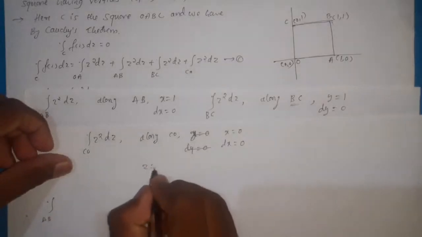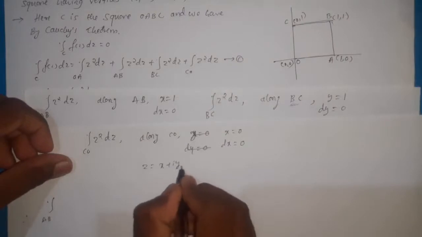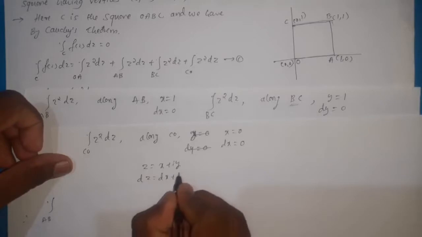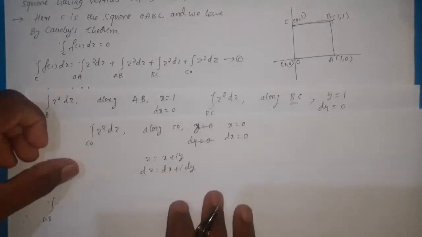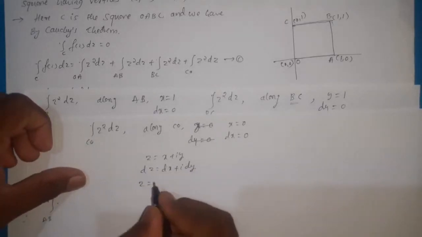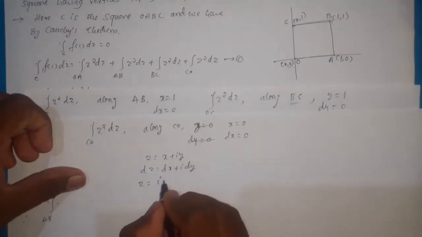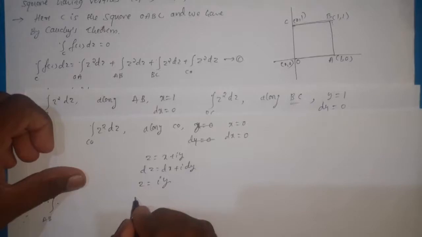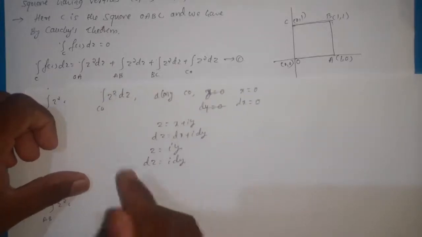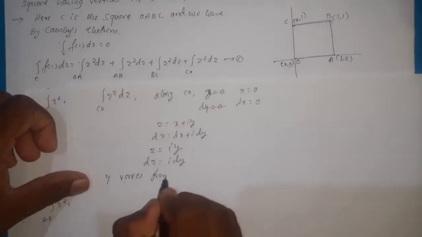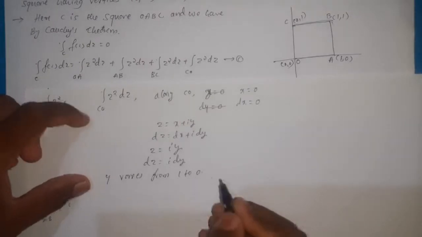So now z equal to x plus iy, dz equal to dx plus I dy, and here z equal to 0 plus iy, that is I y, and dz equal to I dy, and y varies from 1 to 0.